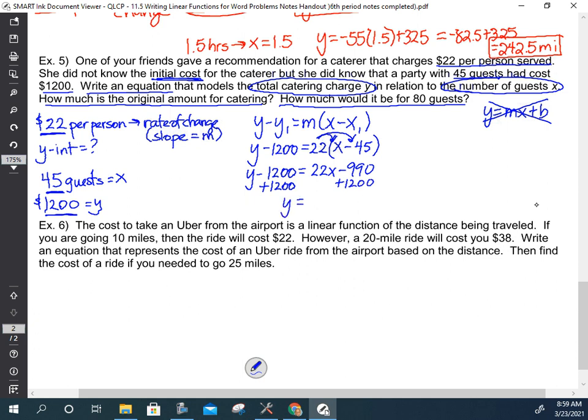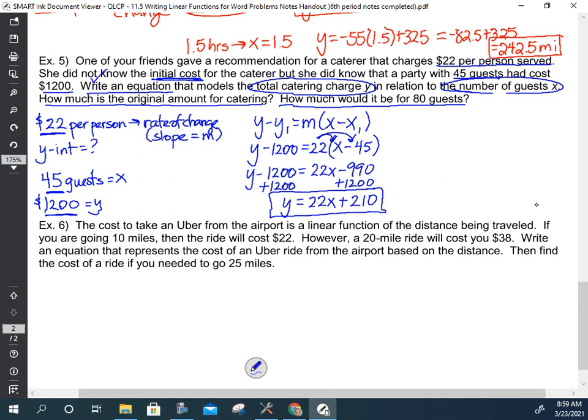That gives you Y equals 22X plus 210. So we now have the answer to the first part of this problem. We wrote the equation.